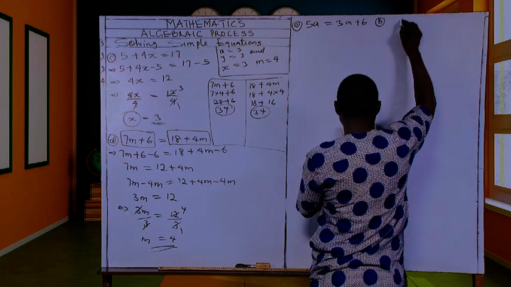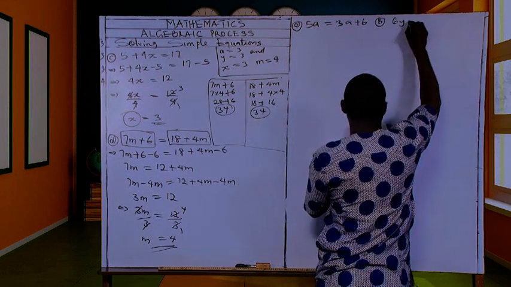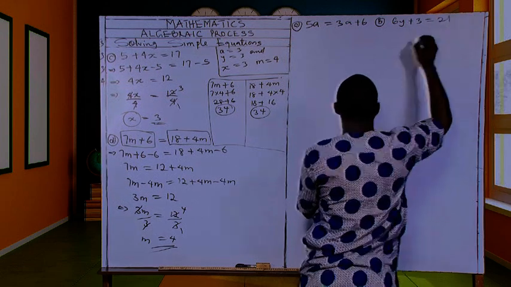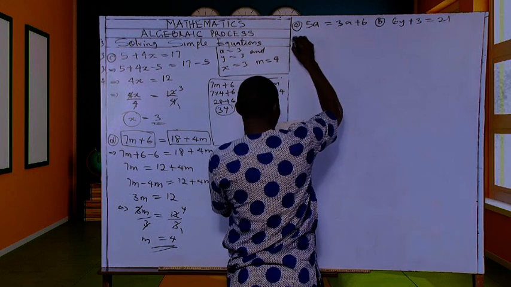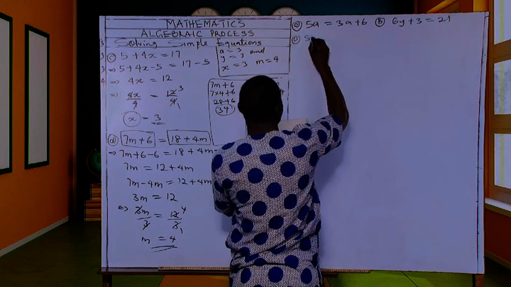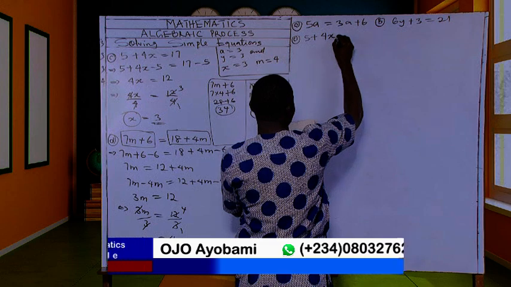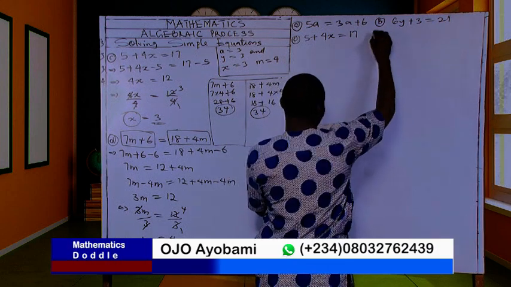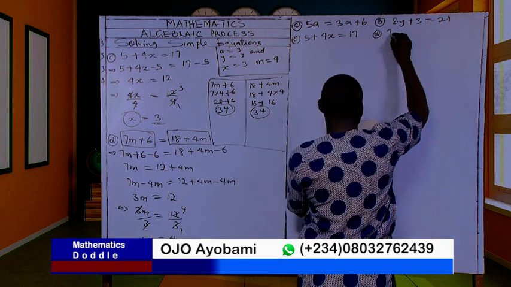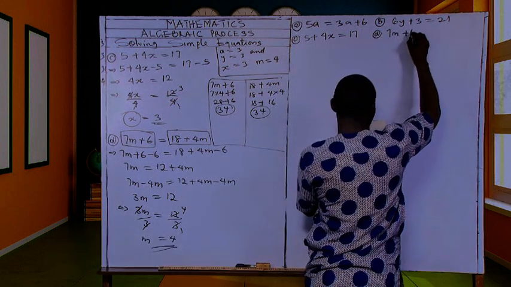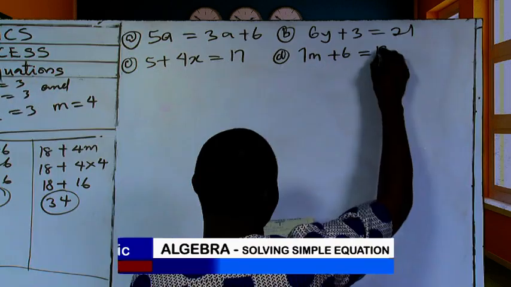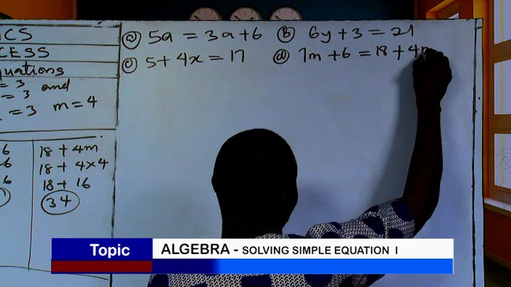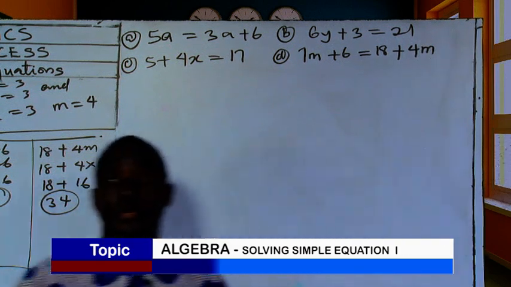B, 6y plus 3 equals 21. C, 5 plus 4x equals 17. And D, 7m plus 6 equals 18 plus 4m. All right.